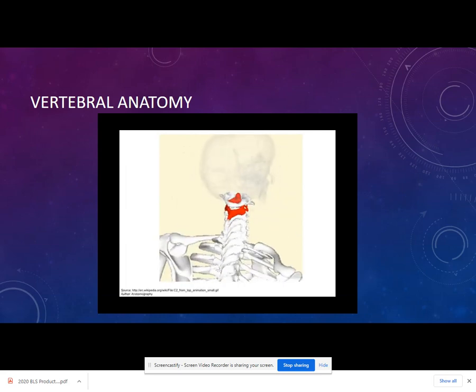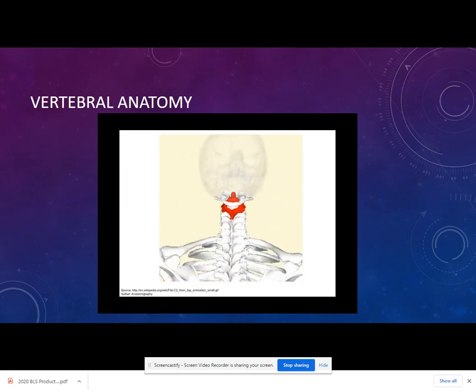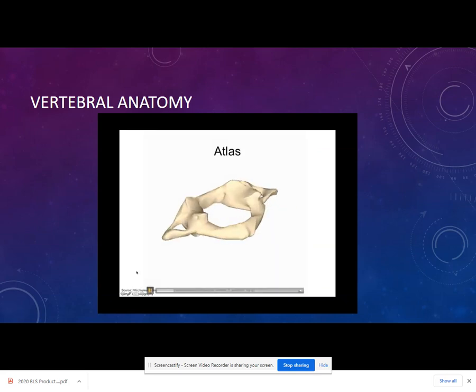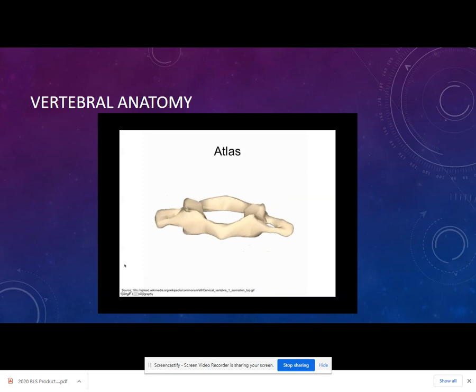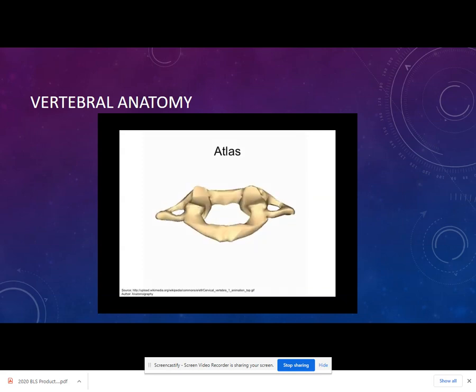Highlighted in this animation is the axis, or C2. I will now describe C1 and C2, as these vertebrae have unique characteristics. In this animation, we can see various aspects of the atlas, or C1. A unique characteristic of C1 is that it does not have a body or a transverse process. Instead, there is an anterior vertebral arch and a posterior vertebral arch here.